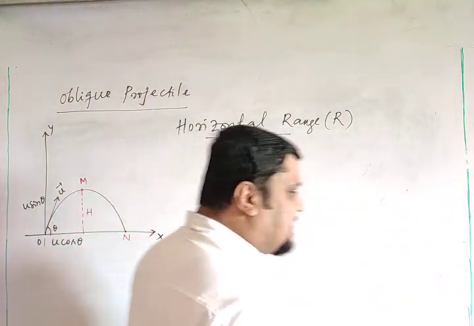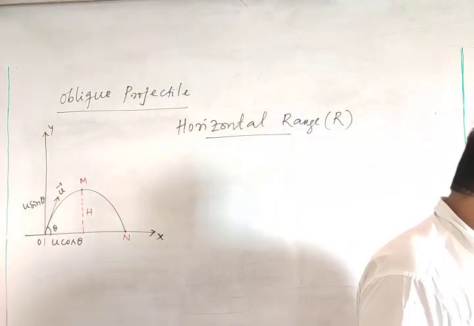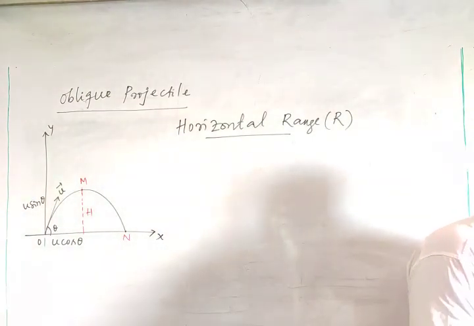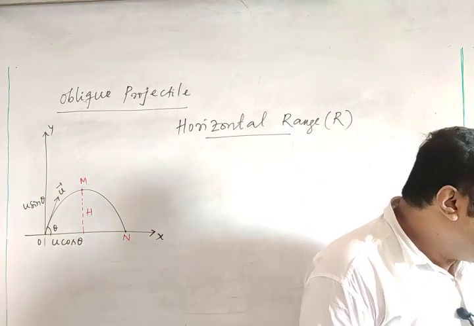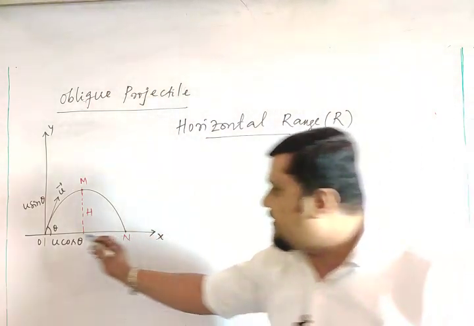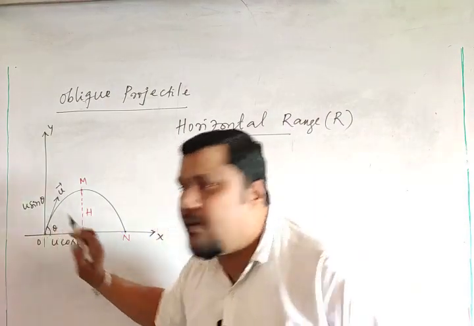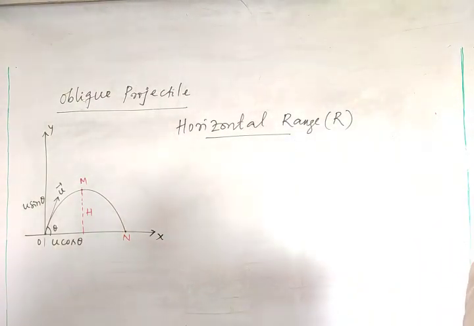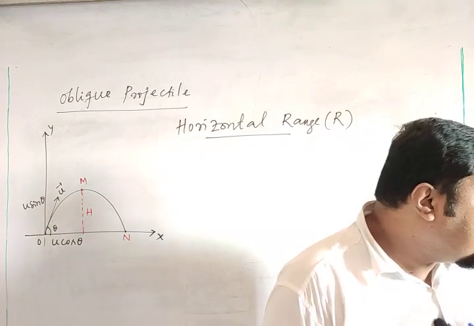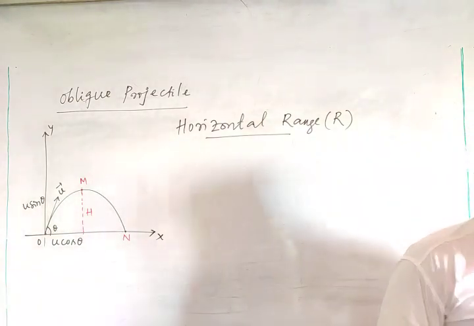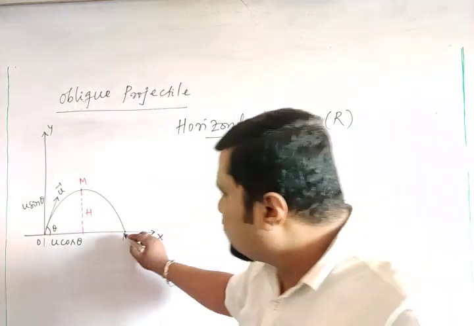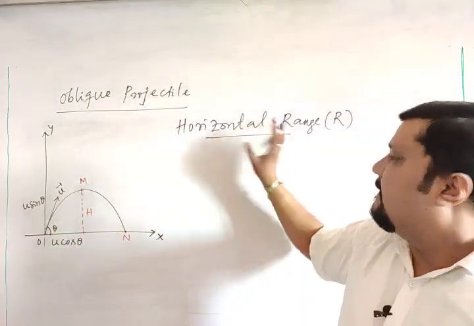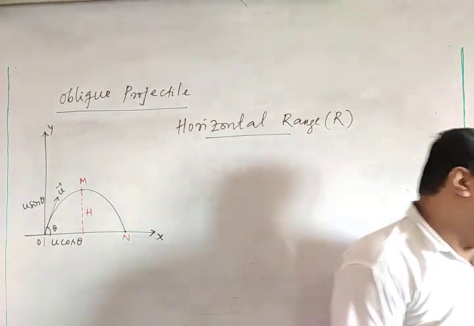In this projection, the horizontal range is O to N. It is the total horizontal distance from the point of projection to the point where the projectile comes back to the plane of projection. That is called your horizontal range.